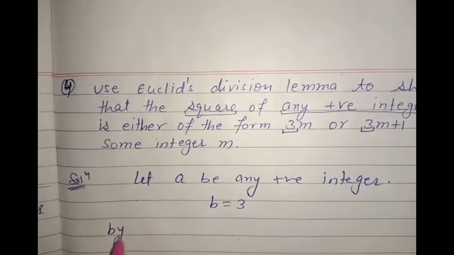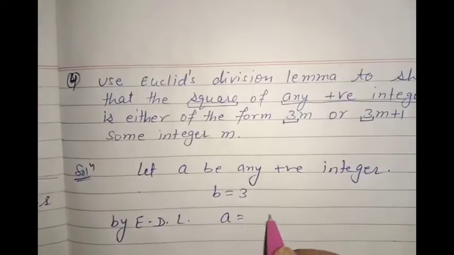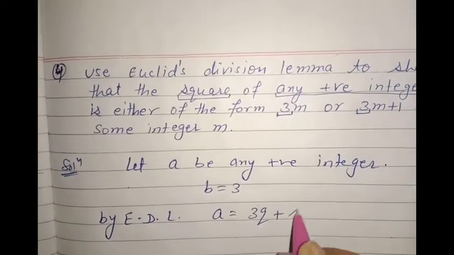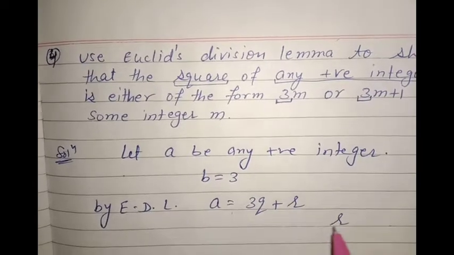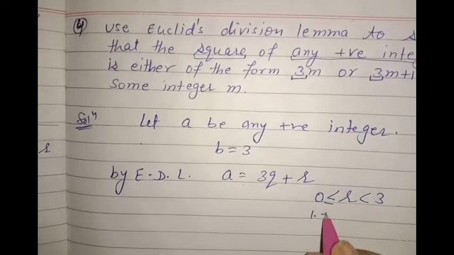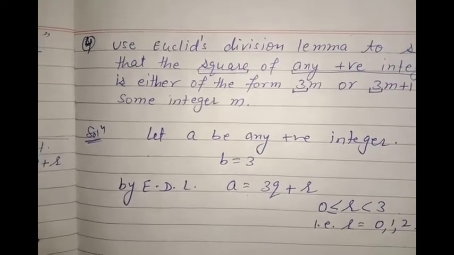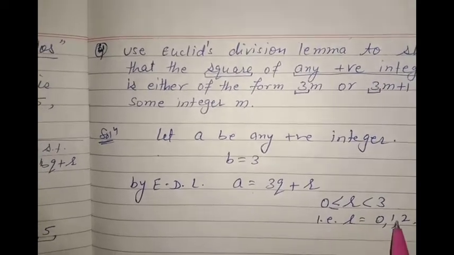Then by Euclid's division lemma, a can be written as 3q plus r, where r is greater than or equal to 0 and less than 3. That is, r is equal to 0, 1, 2.